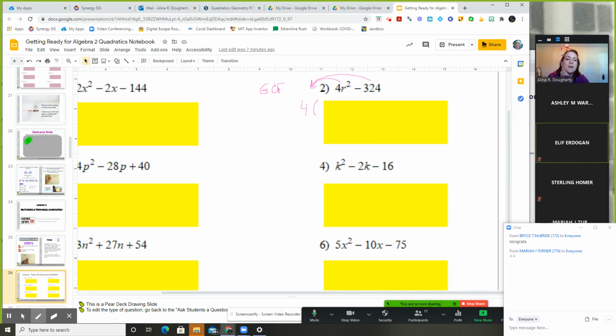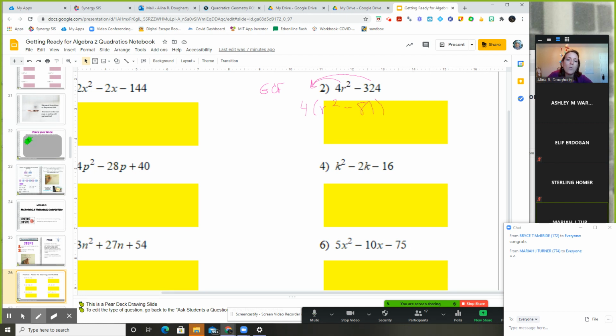So 4. If I divide 4r squared by 4, I get r squared. And if I divide 324 by 4, I get, I want to say 16 or 18. What's 324 divided by 4? Oh, it's bigger than that. 81? Yeah, 81.